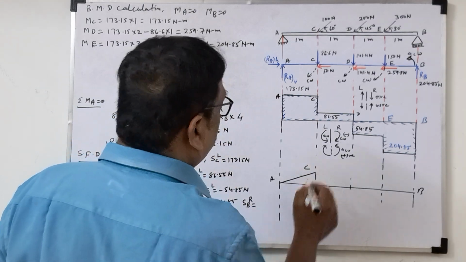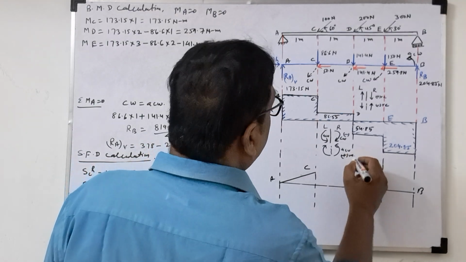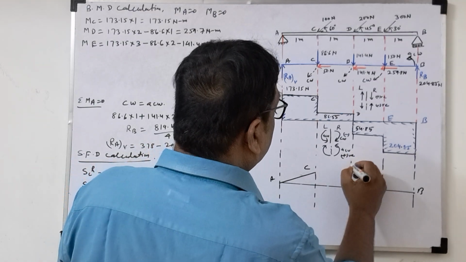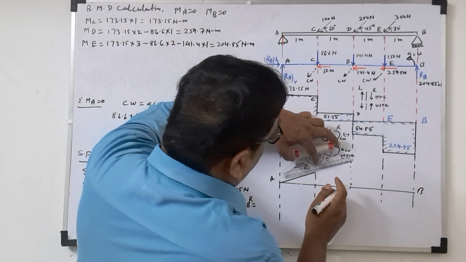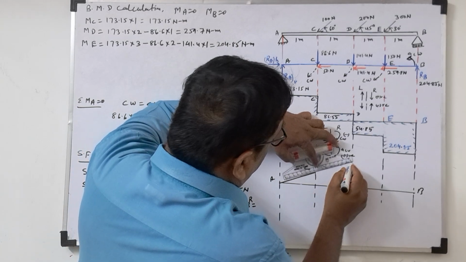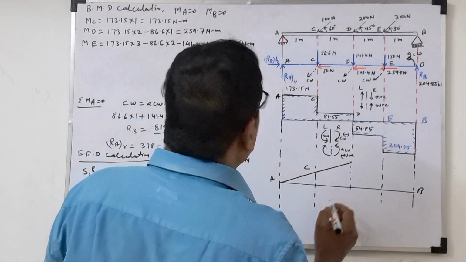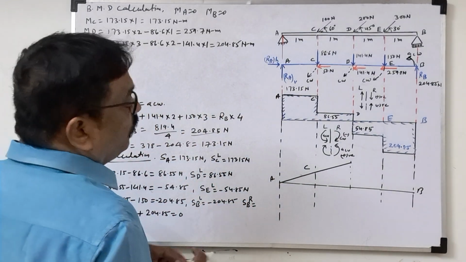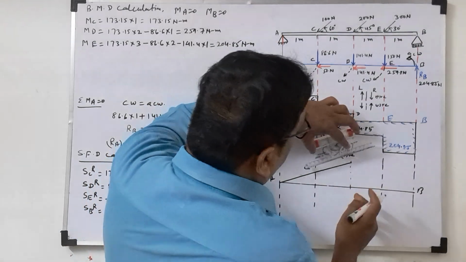This point is C. Now this is the point D, so it will be how much? 259. So a little top, this is also an inclined line. Now 204, it will go to 204.